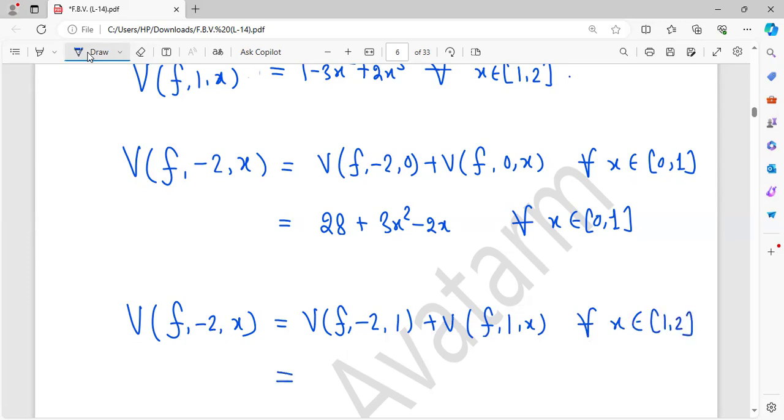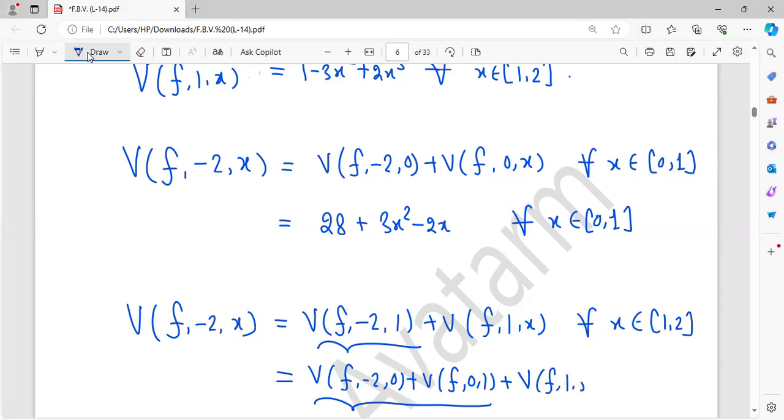So what can I write? BF minus 2 to 0 plus BF 0 to 1, this is equal to this. Now what is BF 1 to x for all x belongs to 1 to 2?